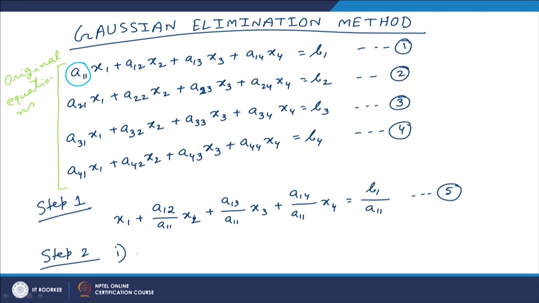So, we write equation 2 minus equation 5 into A21.